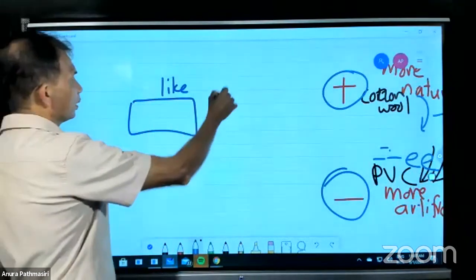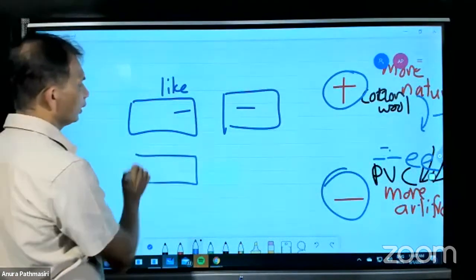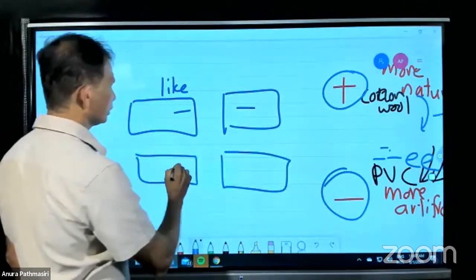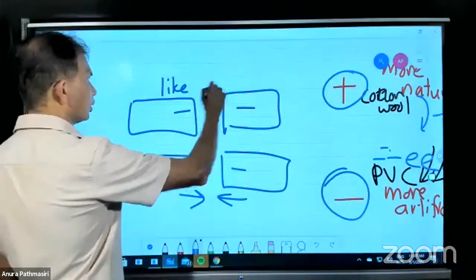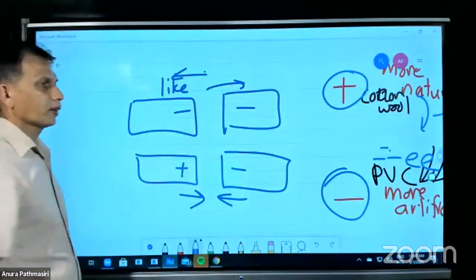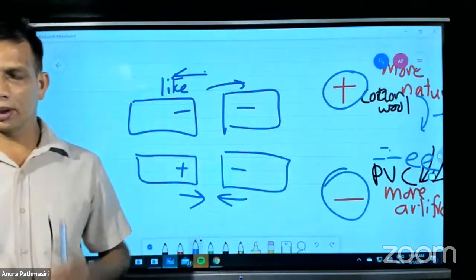Objects with like charges repel each other. Objects with unlike charges attract each other. That is what we want to study in this unit.